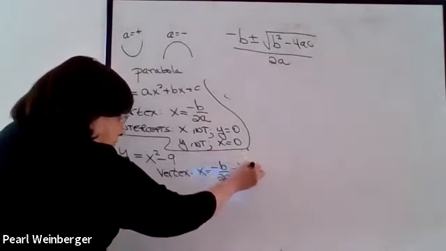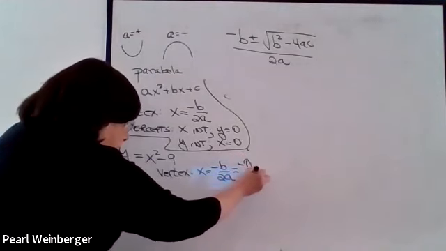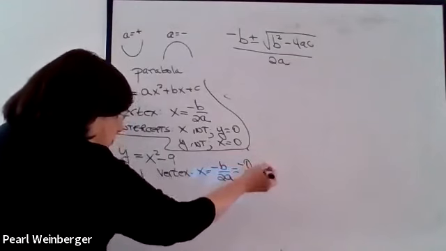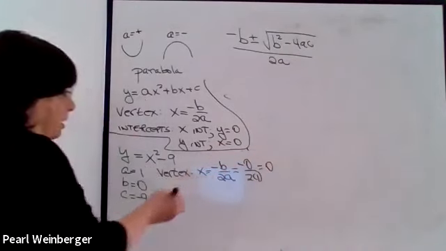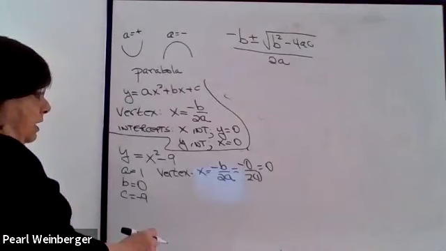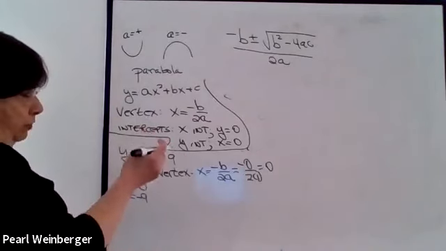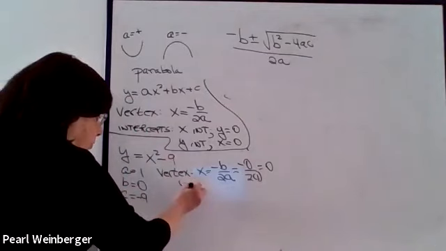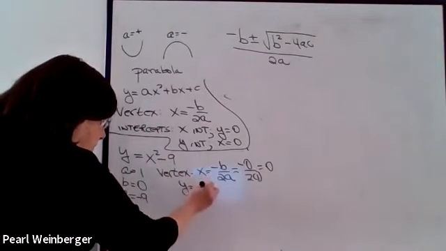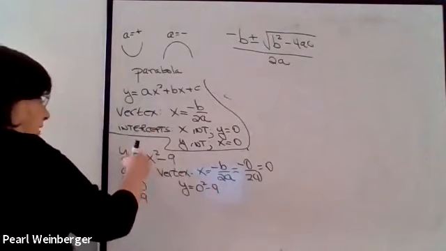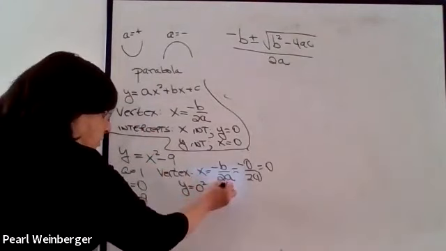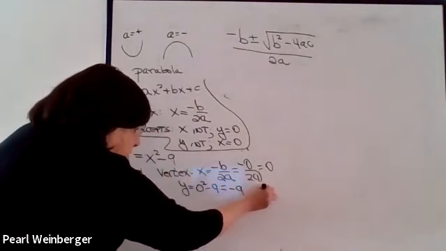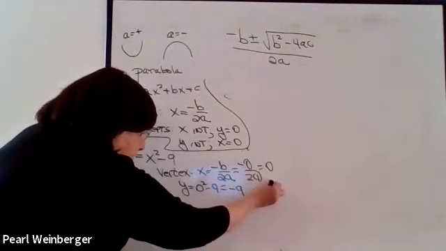It's -0 over 2 times 1, and -0 is just 0, and 0 over anything is 0. In other words, the x value of the vertex is 0, and the y then is going to be 0 squared minus 9, because we replace the x with 0, which gives us -9. My vertex is the point 0, -9.